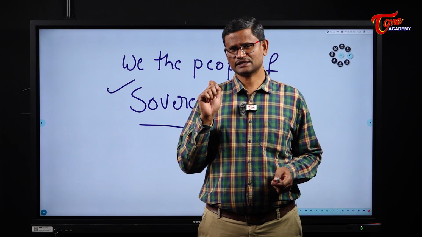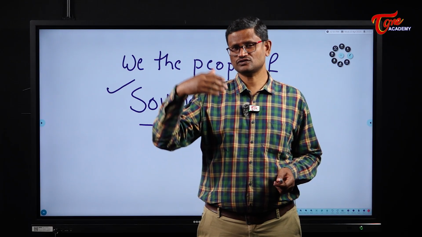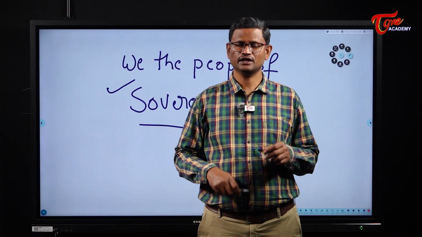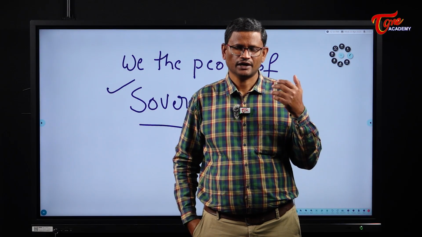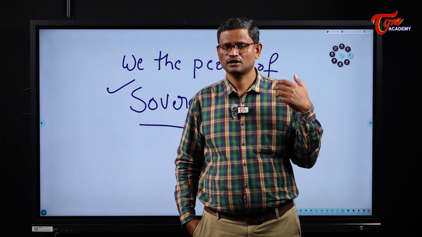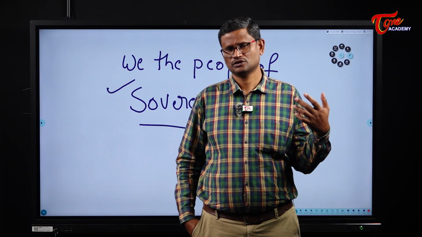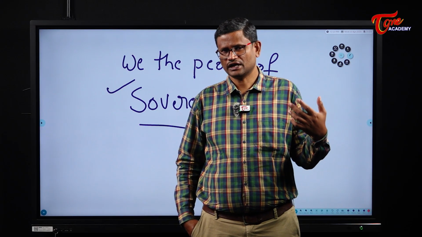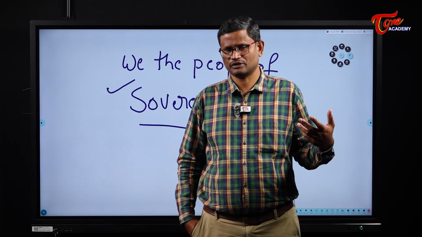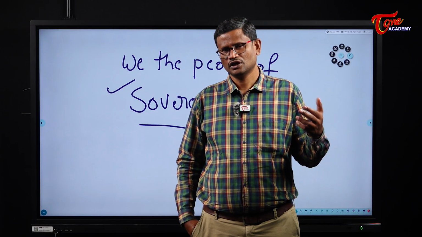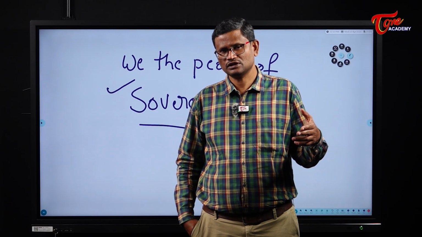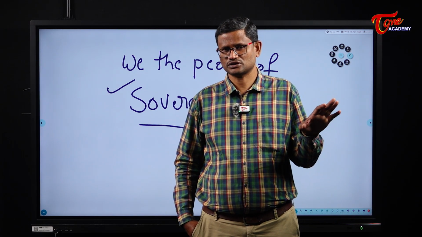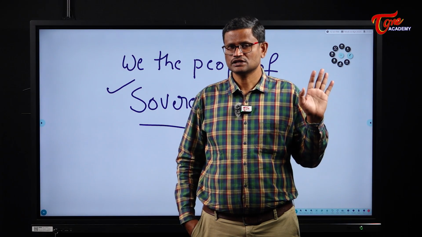By exercising their right to vote, the people transfer this sovereign power to the elected representatives. That's the reason why India is an example of indirect or representative democracy. The elected representatives in turn will govern the people of this country. This is called indirect or representative democracy and the principle of sovereignty.